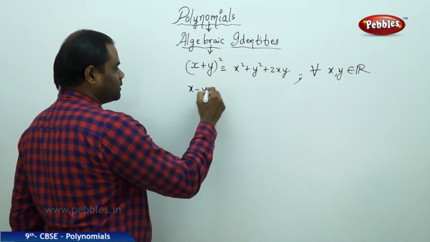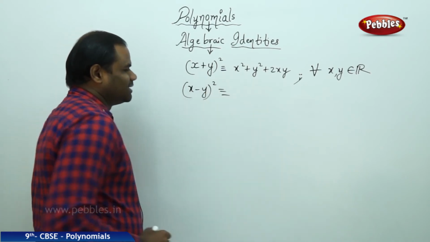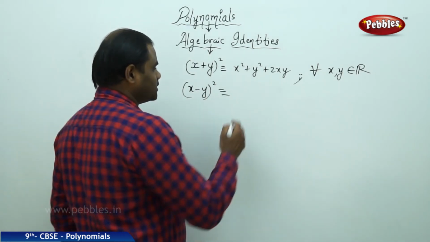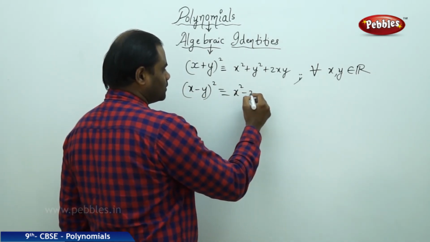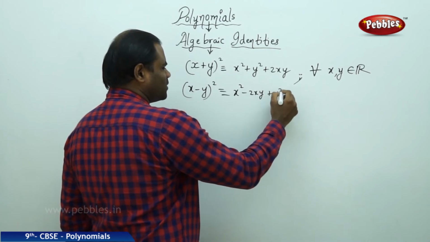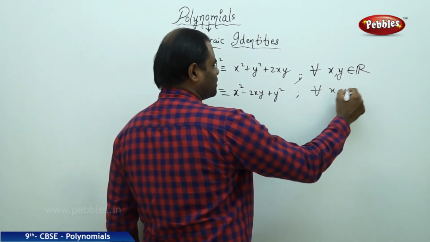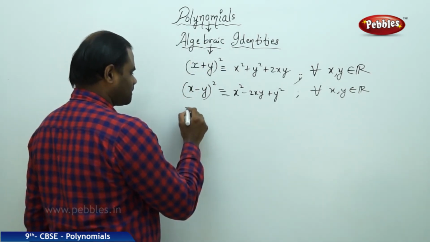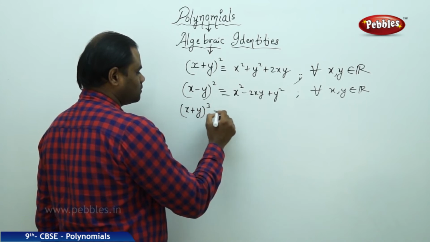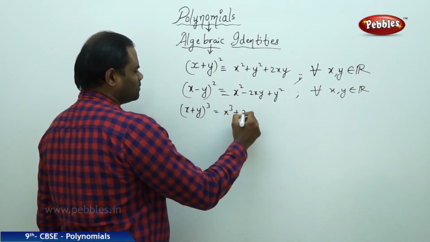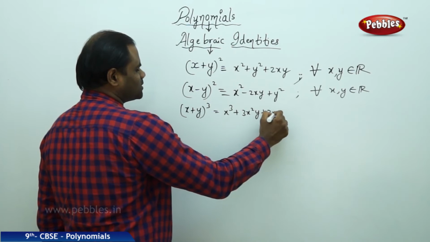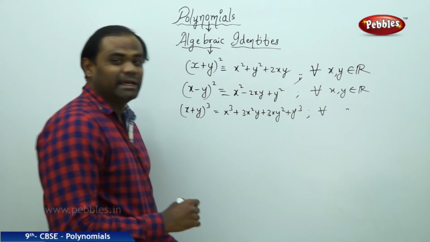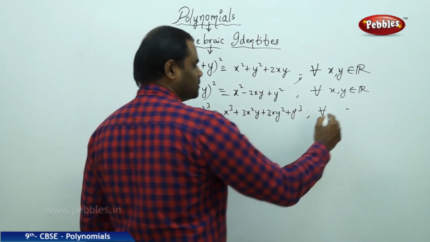Similarly, I have the other identity which says that x minus y whole square is universally identical to x square minus 2xy plus y square for all x, y belonging to the real numbers. Similarly, x plus y whole cube is x cube plus 3x square y plus 3xy square plus y cube.